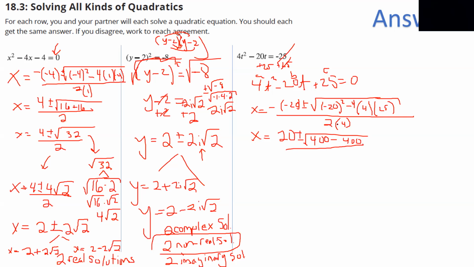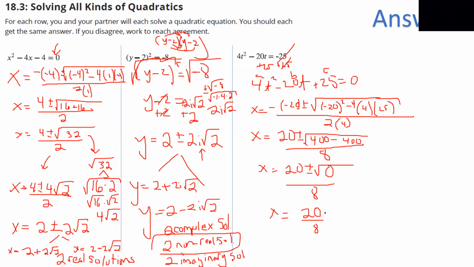All over 2 times 4 is 8. So x is equal to 20 plus or minus the square root of 400 minus 400, which is 0. That's crazy. Okay, and can we take the square root of 0? Yes, we can. The square root of 0 is just 0. So then we're left with 20 over 8.